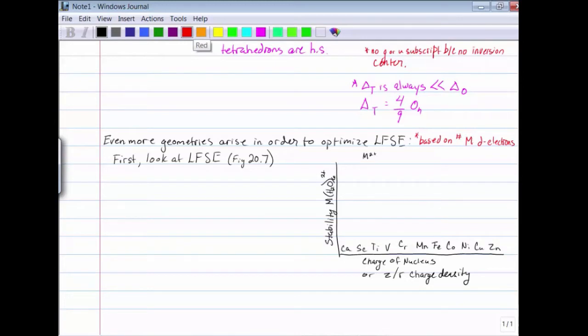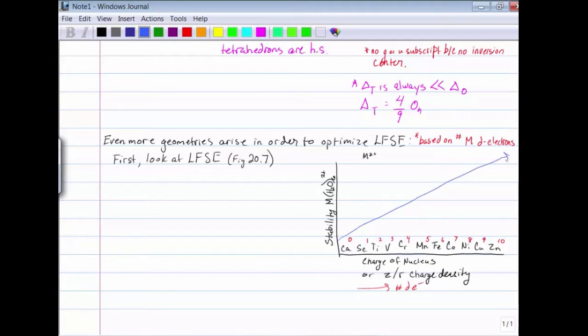Now, on this x-axis, I have these 10 different situations, and this also represents the number of d-electrons. So as I go across, the number of d-electrons is increasing. Okay, so if we would guess based on the charge on the metal ion and the attraction that water is going to have for that positive ion, we might expect a trend in metal complex stability that's linear.